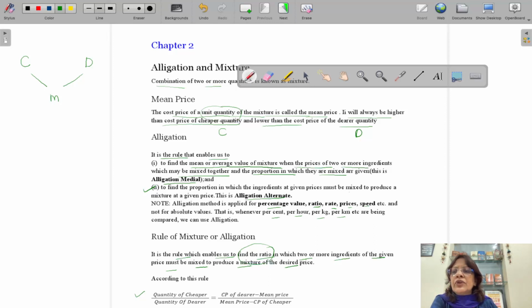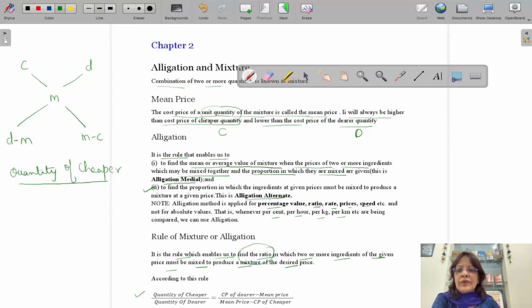So what we do is write the cost price of cheaper, the cost price of dearer, and the mean price. After this, here we write D minus M. I'll also replace these by small letters P and D. And here I am writing M minus C. Whenever you prepare this chart, the questions will be simpler.